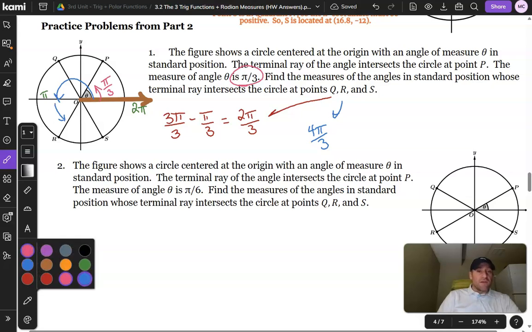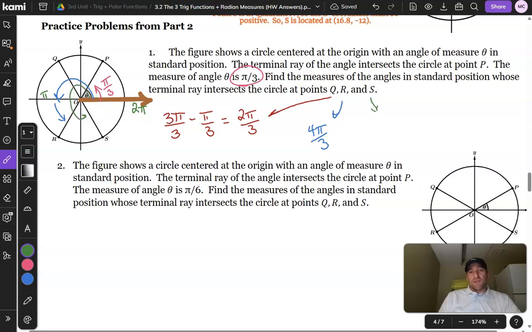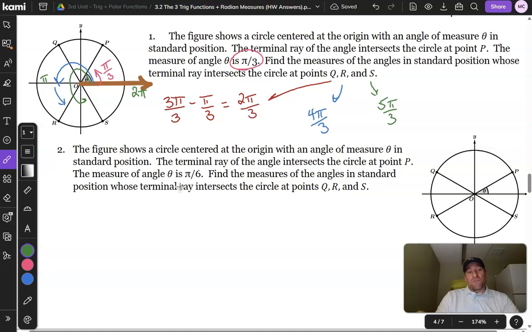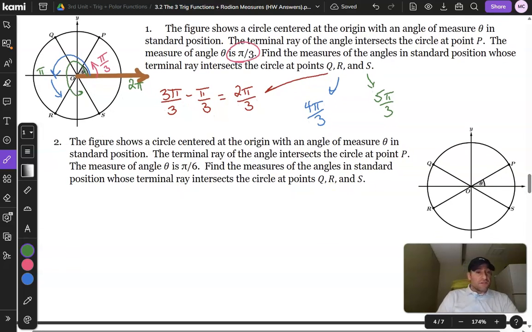And the green one, green S, again, is the full 2 pi minus a pi over 3, which means that one there is one more pi over 3 added to the blue, so we get 5 pi over 3.